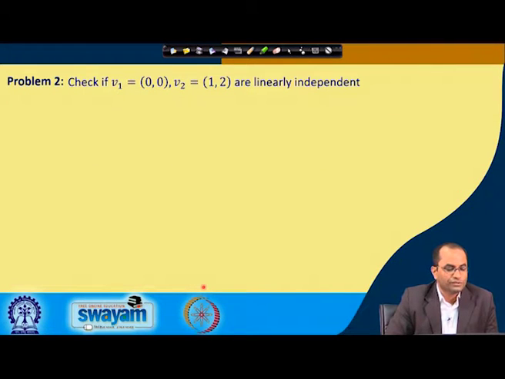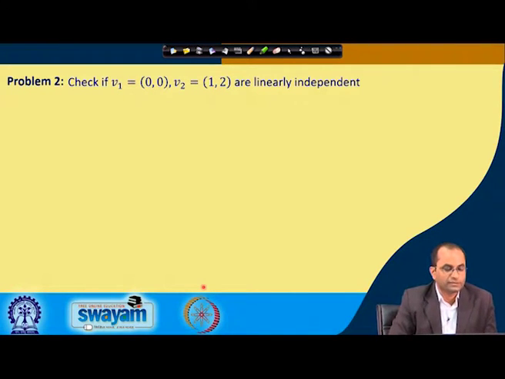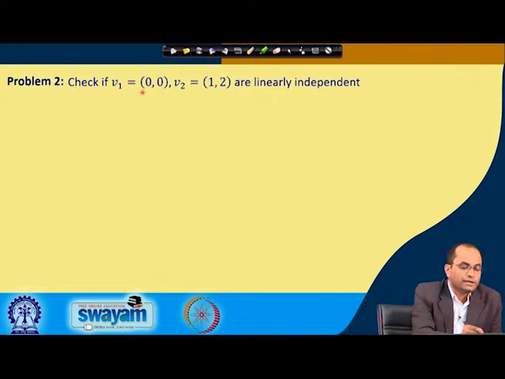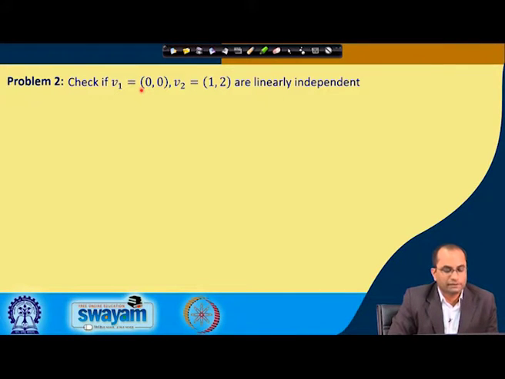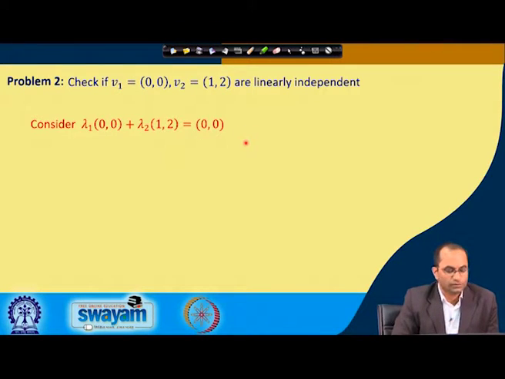We will now check the second example, which says that v 1 is equal to (0, 0) and v 2 is (1, 2); are they linearly independent? This is a trivial task to check whenever the 0 vector is in the set, because we can always consider the equality lambda 1 times (0, 0) plus lambda 2 times (1, 2) equal to (0, 0).